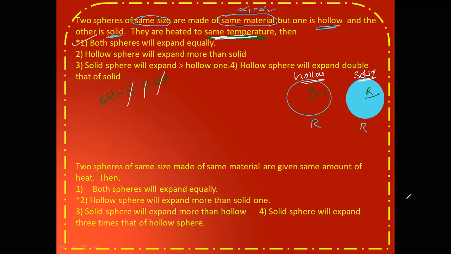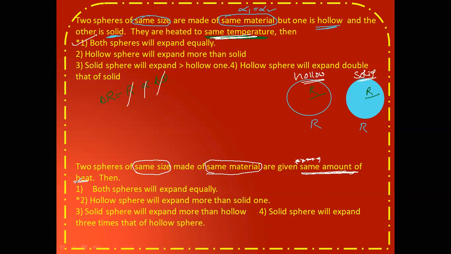Now let's see the next problem. Two spheres of the same size they gave, and the same material also. Here the important point is that the same amount of heat is supplied.